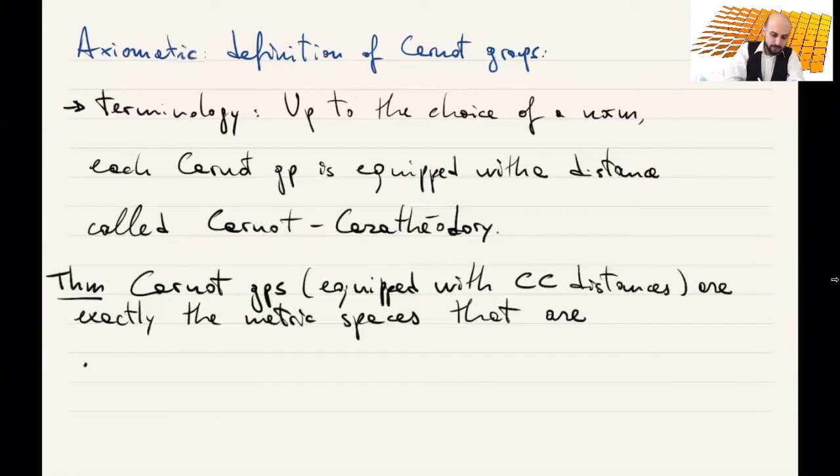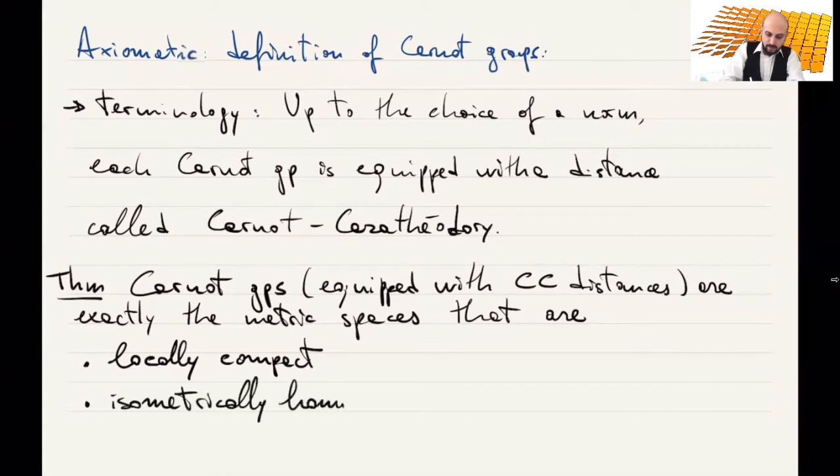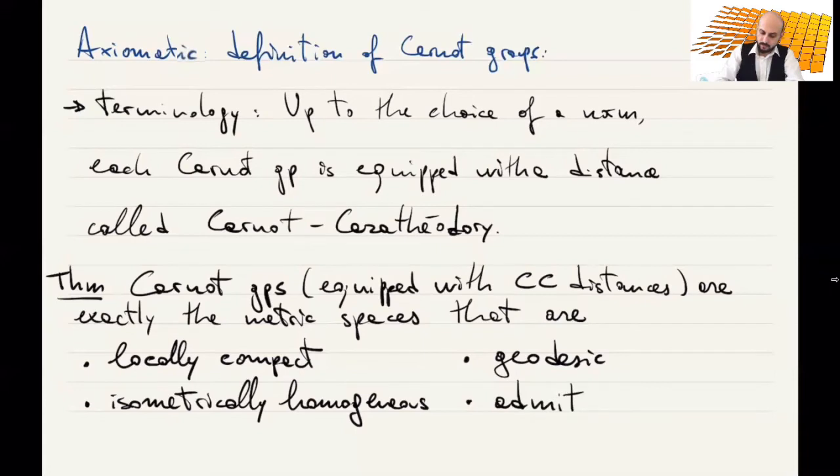So, first property, they are locally compact. They are isometrically homogeneous. I'm going to explain all these terms. They are geodesic spaces and admit at least one non-trivial dilation.